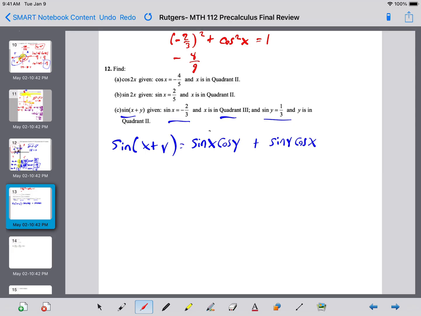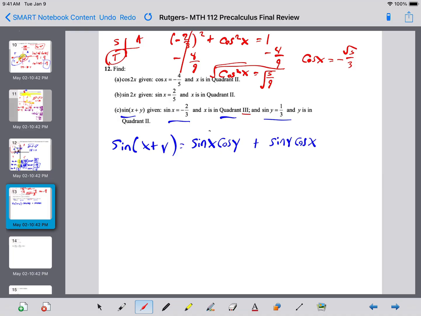Subtract your 4 over 9 on both sides. So we have cosine squared of x equals 5 over 9. Take the square root of both sides, and you would get cosine of x equals square root of 5 over 3. Because it's in quadrant 3, remember all students take, it would be negative.